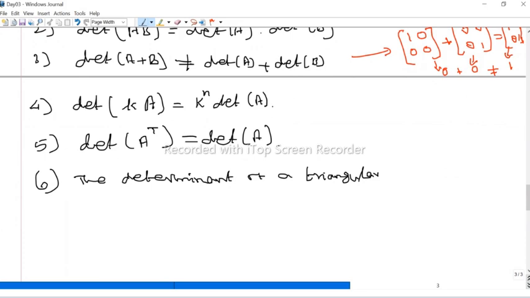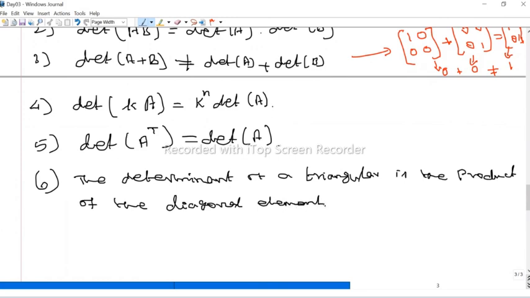The determinant of a triangular matrix is the product of the diagonal elements. Even if you take a diagonal matrix, the determinant is again the product of the diagonal elements. So these are all very important properties of determinant.